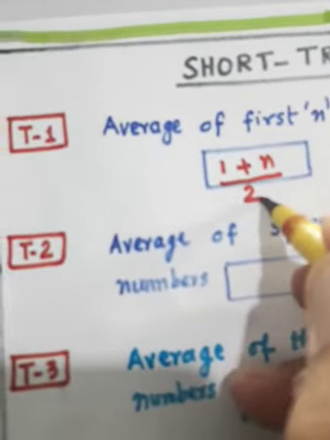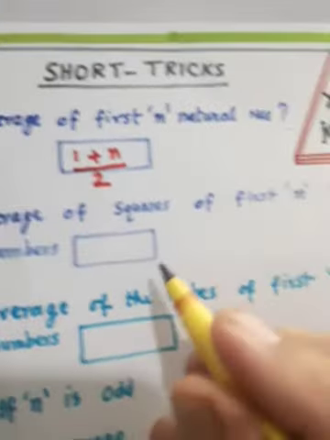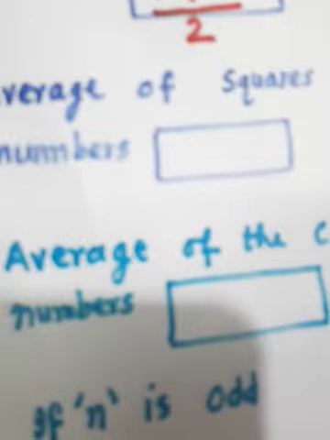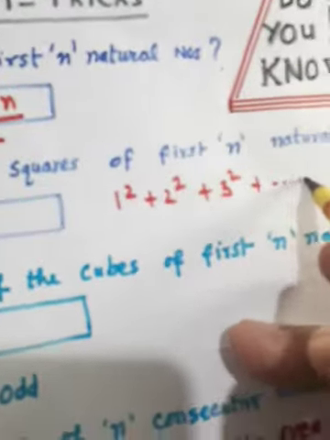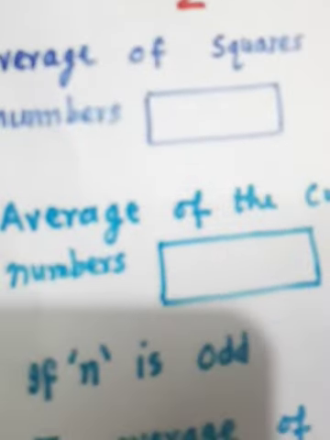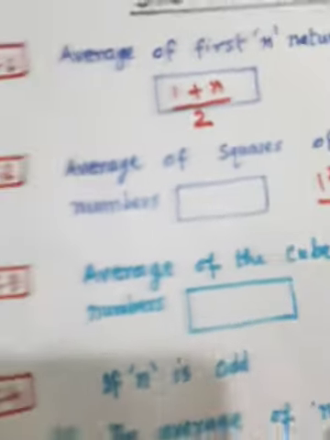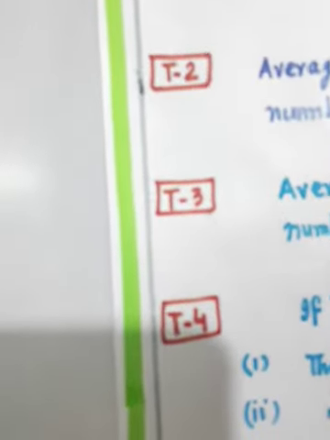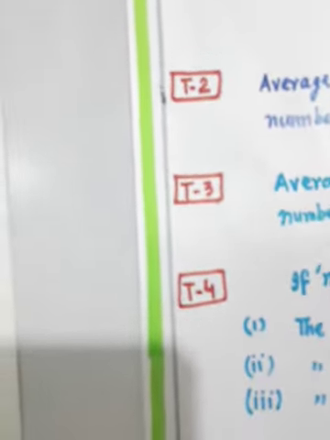In this case, if you want to find the average of first n natural squares, that is 1 square plus 2 square plus 3 square, and so on up to n square, divided by n, the formula is n plus 1 into 2n plus 1 by 6. This is the formula.